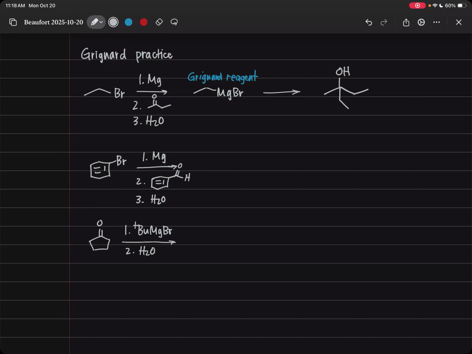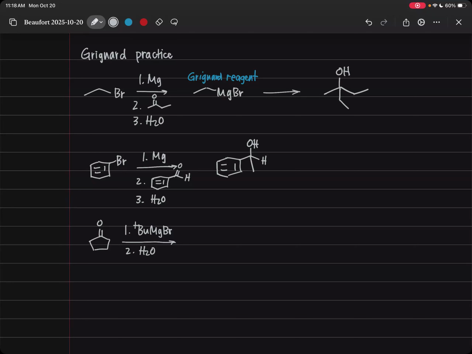So for the next one, what we should probably draw to start with is our carbonyl compound. In this case, I'm going to skip drawing this step. Okay, we know the carbonyl is going to become an alcohol, and we're going to form some sort of bond here, and that's going to be to whatever our halogenated thing is.